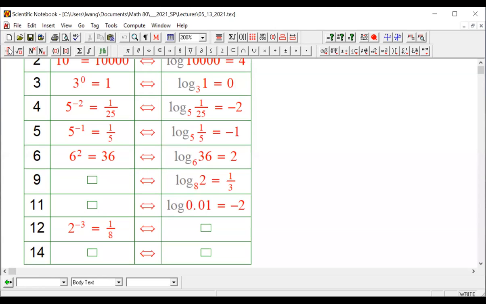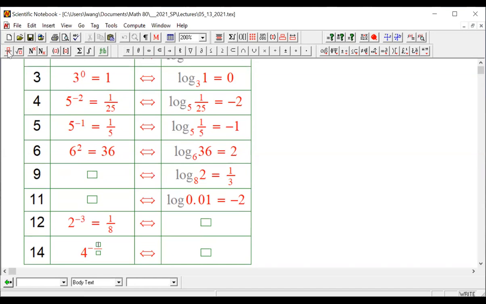And number 14, we have 4 raised to the power of -3/2 equals 0.125. So we have 2 logarithm forms to convert to exponential form and 2 exponential forms to convert to logarithm form. Try that.